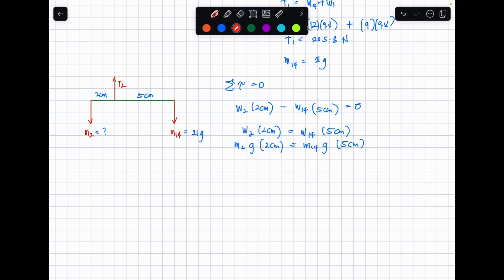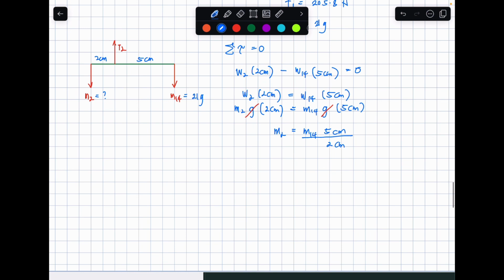So G would just cancel out, and M2 can then be computed simply as M14 multiplied with 5 centimeters, divided with 2 centimeters.